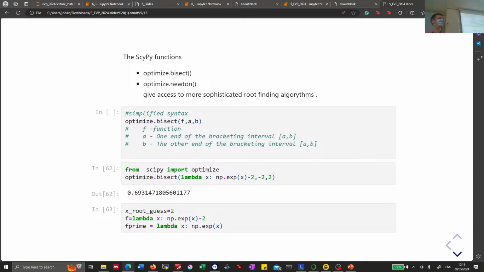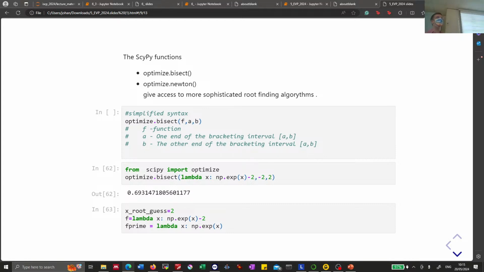I have x squared. That's my function. I want to know the root of x squared. I want to use the bisect method, bisection in optimize from SciPy. A, I set minus 1000. B, I set minus 100. Will I find the root? No, I will not, because we already know how the bisection method works. It looks for a change of sign at the middle point. I will not get this.